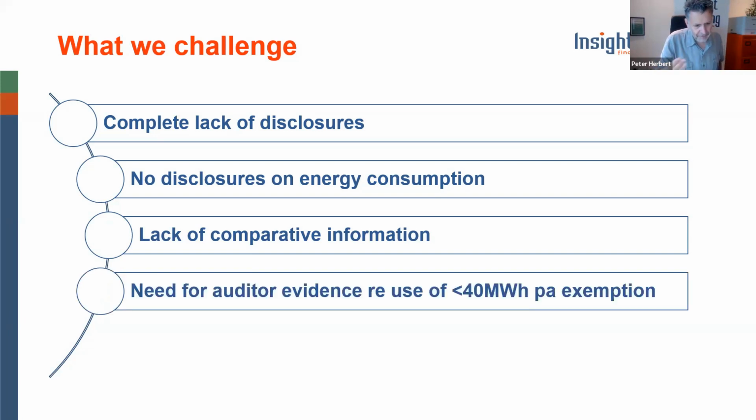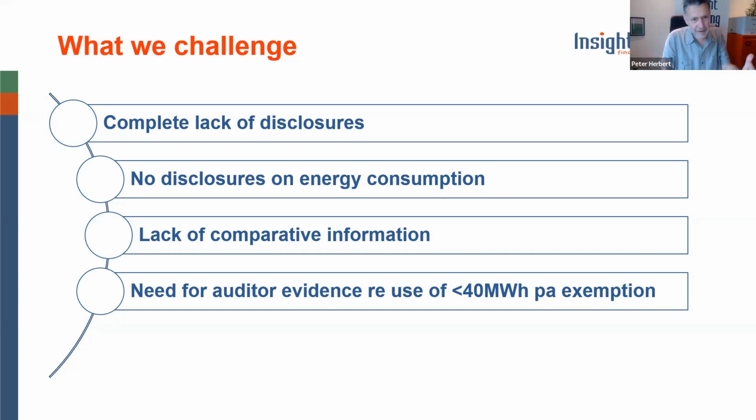The need, I would say, for auditor evidence where a client has chosen to use the less than 40 megawatt hours consumption per annum as the basis for exempting itself from disclosure in this area. What does that equate to? Well, I regularly read it equates to about 9 houses worth of electricity and 4 houses worth of gas.